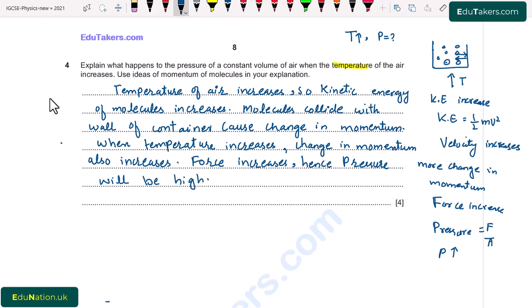So we can simply say that when temperature increases, pressure also increases.